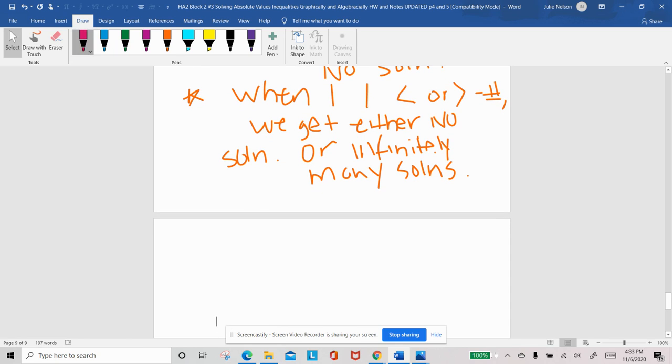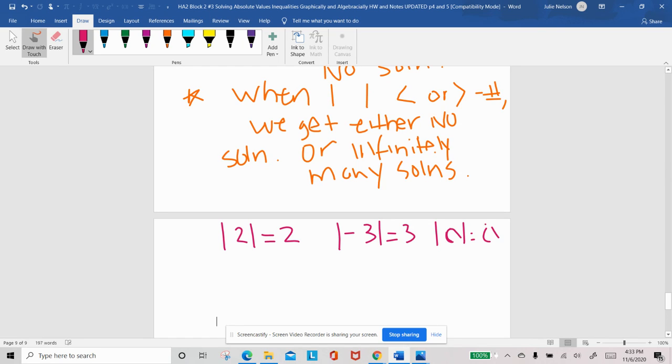So for example, the absolute value of 2 is 2. The absolute value of negative 3 is 3. The absolute value of 0 is 0. What do you notice about the answers? They're positive. Will your answers ever be negative? The answer to that is no.